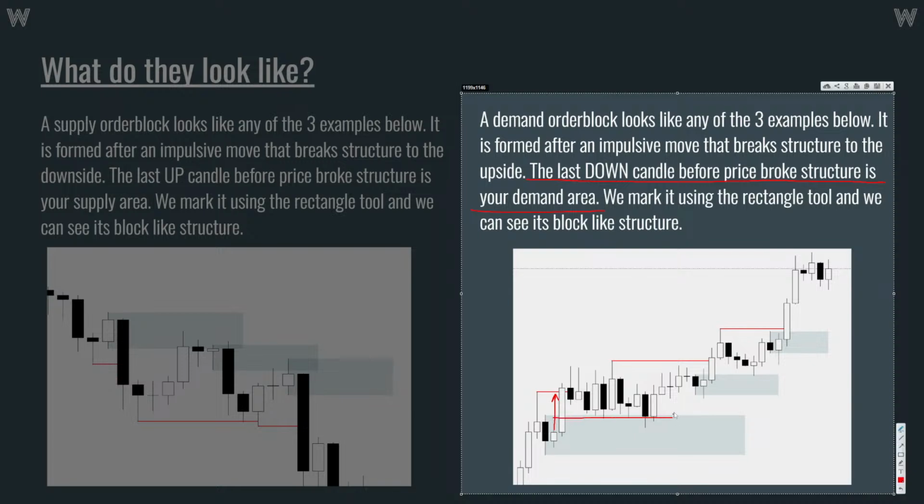Eventually we get another impulsive move higher that breaks structure. This was the last down candle. Price comes in, retests this area, bounces higher. Again, impulsive move higher. This was the last down candle before that move broke structure. So we would look for this to also play as a support area on a retest.